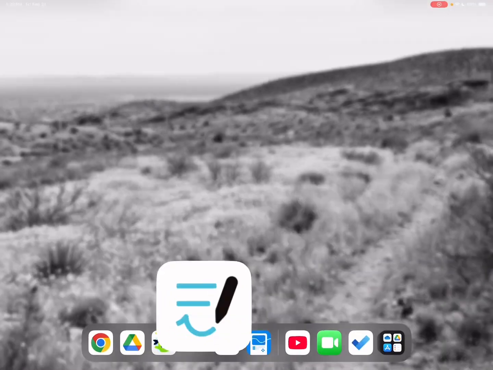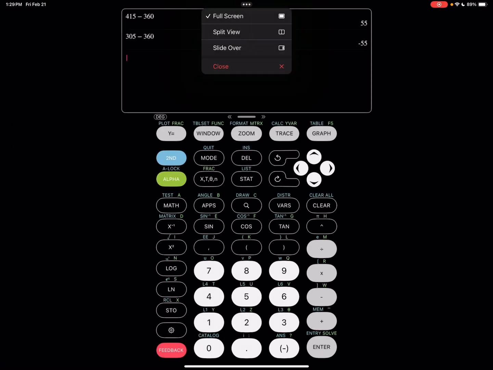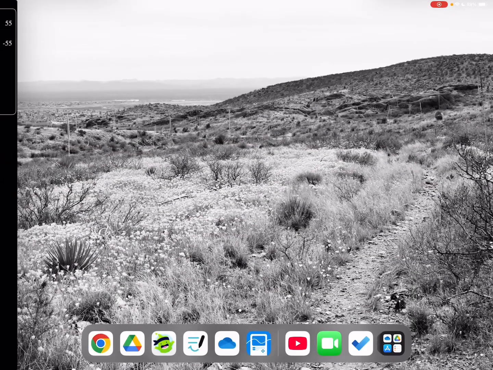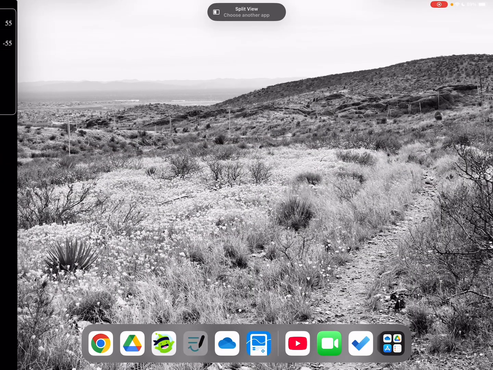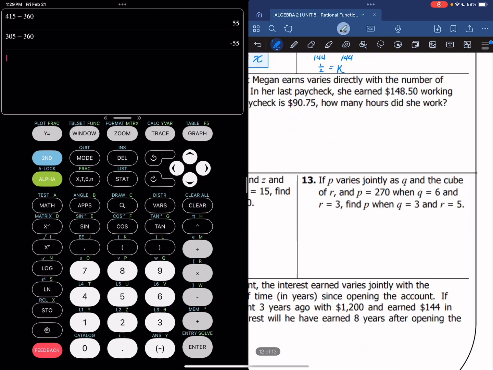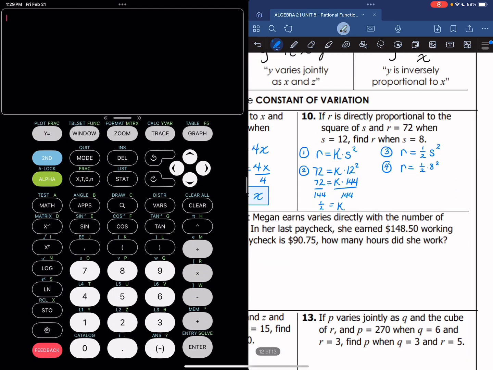Just so you can see that, let me split this view actually. There we go. I'm going to take my 1/2 and my 8 and square that. And that gives me 32.